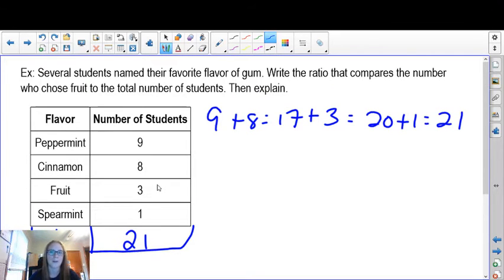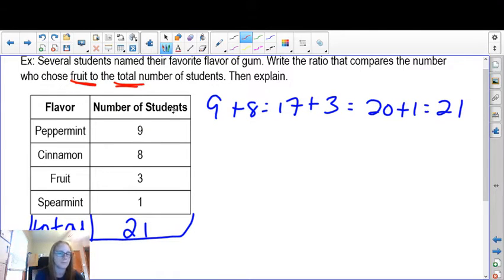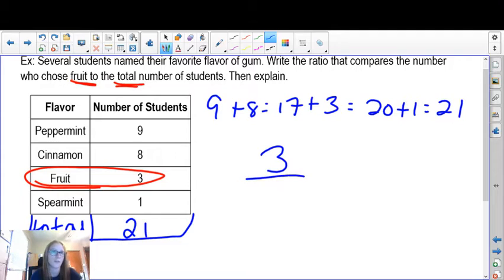Next, I need to go back up there and ask myself, okay, what did I see come first? It tells me to write a ratio that compares the number of fruit to the total. So how many students chose fruit gum? 3. So I have 3. I'm going to write it in a different format this time, just because I can. We have 3 different ways we're allowed to write these. Over 21.